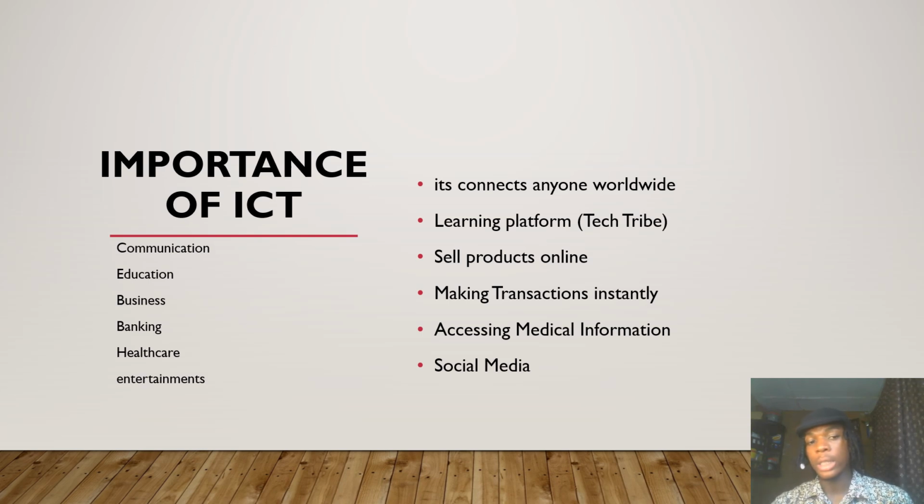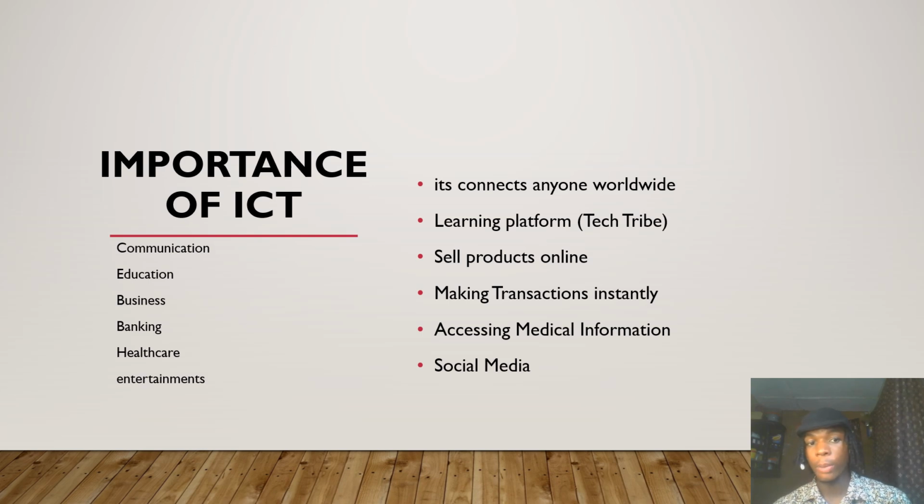Then we have businesses, where we use ICT to sell products online. So eBay, InDrive, all those things are examples of what ICT can do for us. Then we have the banking sector. So mobile banking apps are an example of ICT. Do you understand?